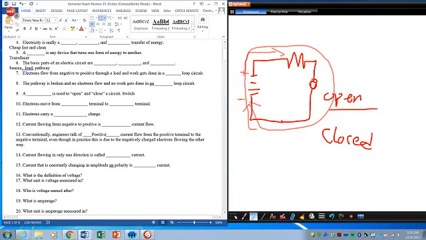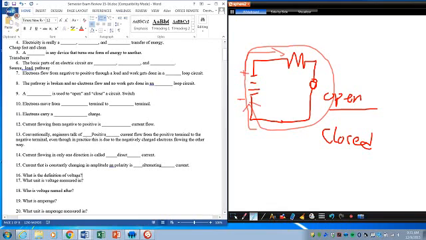Okay, number 14, current flowing in only one direction is called direct current, okay, DC. And number 15, current that is constantly changing amplitude and polarity is called alternating current.